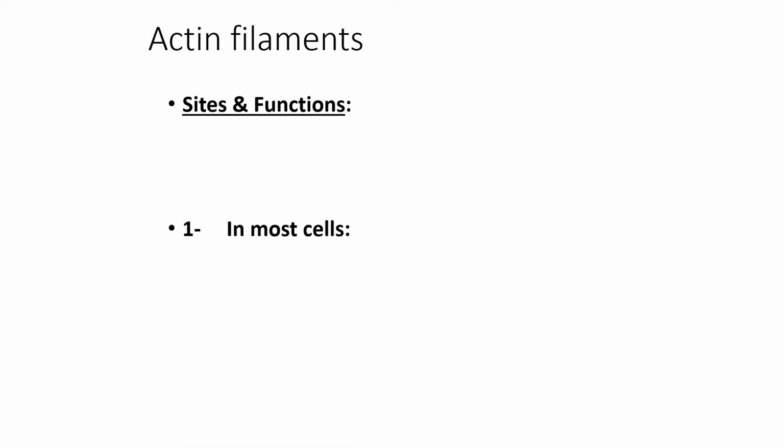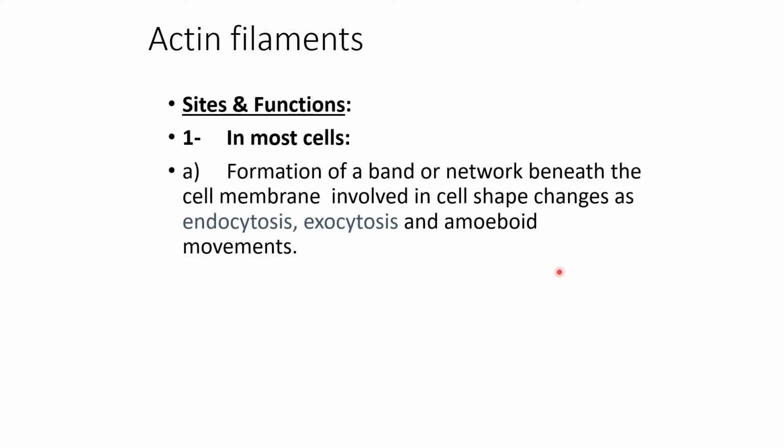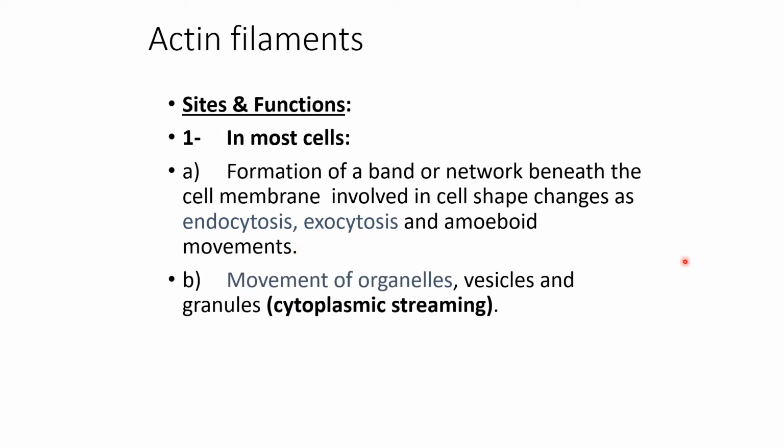Sites and functions. The actin filament is the most common in our body. They are present in most cells. They form a band or network beneath the cell membrane, and this is involved in the cell shape changing during endocytosis, exocytosis, and amoeboid movement.